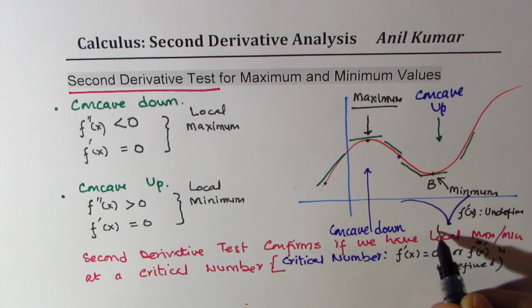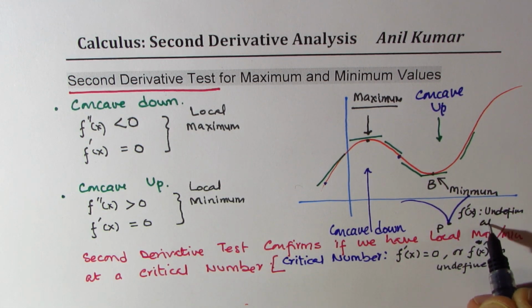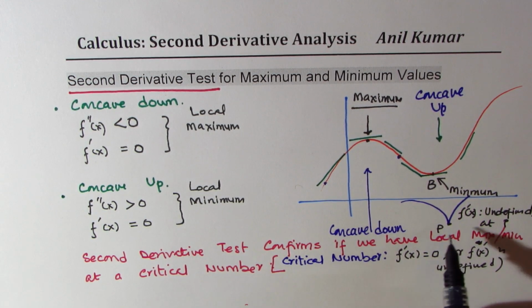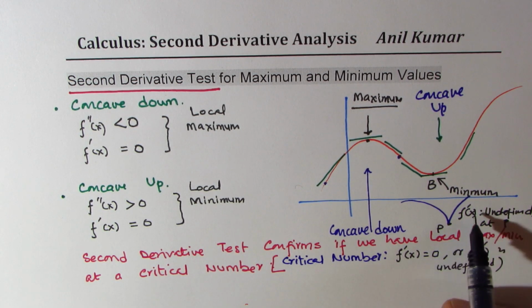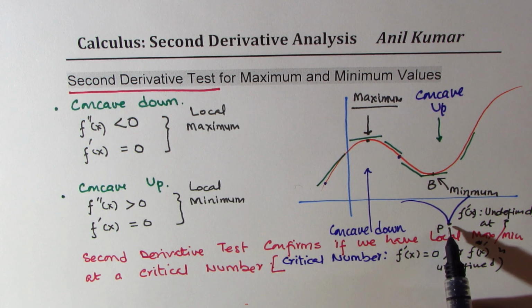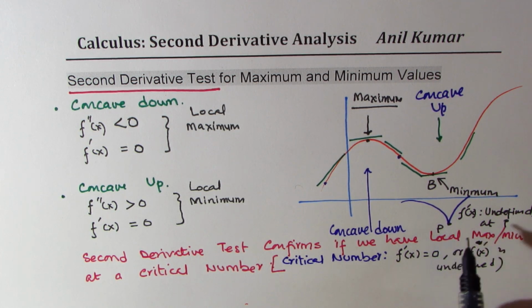Let's call this point P. At P, a cusp or a corner, the derivative is undefined, and we do have a local minimum here. So that is another example which we will be doing in detail in later videos.